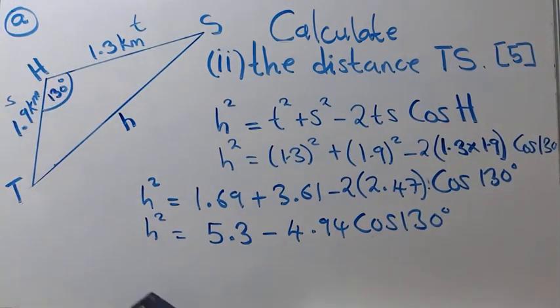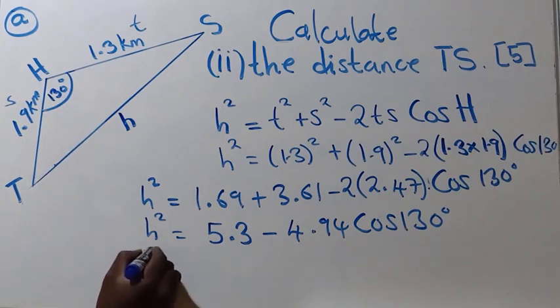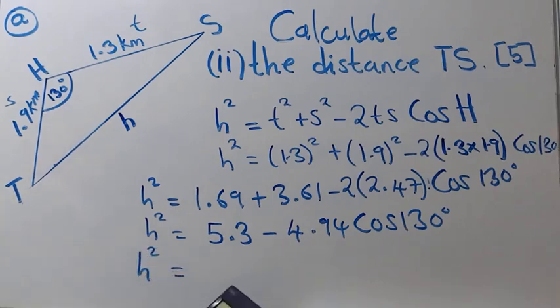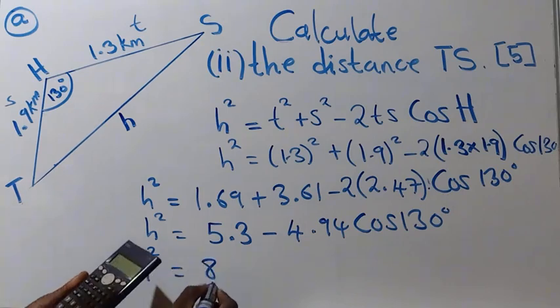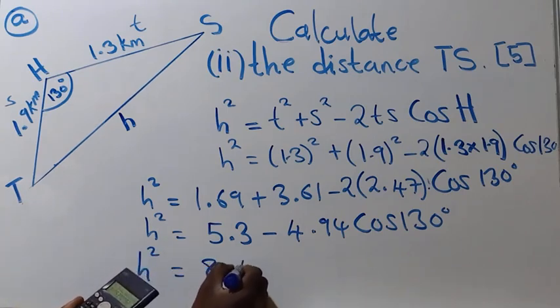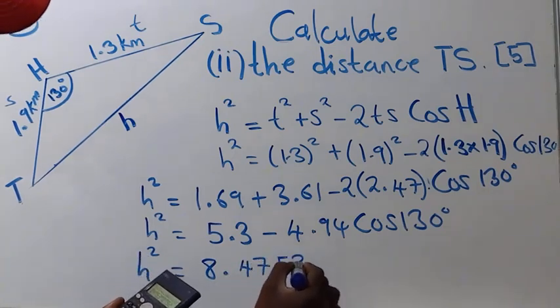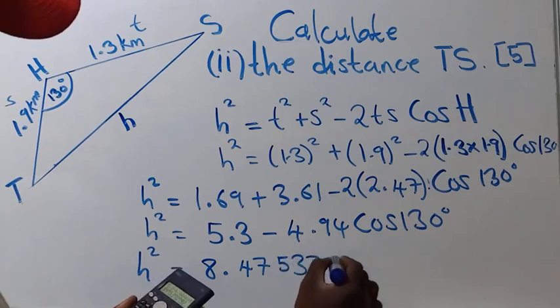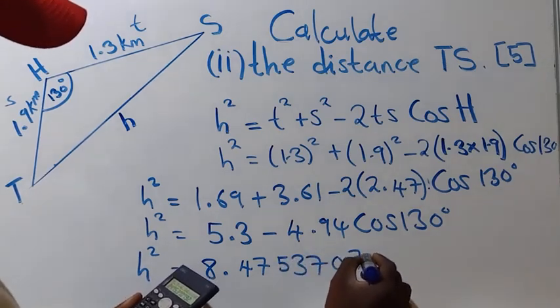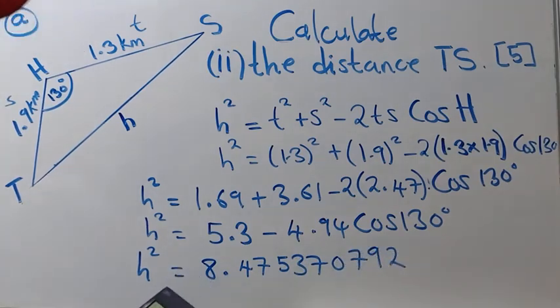Let's now punch everything on the calculator: h squared is equal to 5.3 minus 4.94 times cos 130. Make sure that you multiply, you say times cos 130, because other calculators may end up giving you a different figure. I'm getting 8.475370792. This is the value that I'm getting.